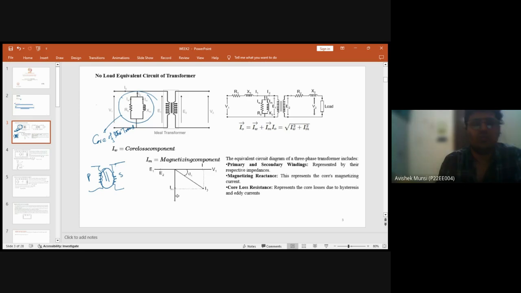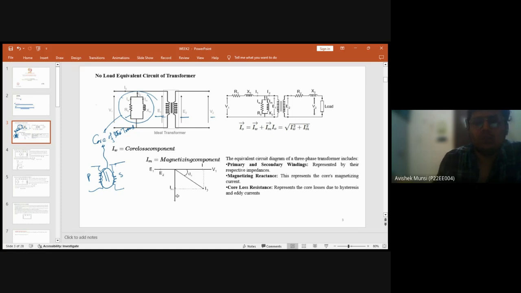So if you draw the equivalent circuit of that in terms of resistance and reactance, then this should be the core of this transformer. And this is the primary and secondary side, and this is the EMF developed on the primary side and the EMF developed on the secondary side. There is a voltage across the secondary while there is no load.